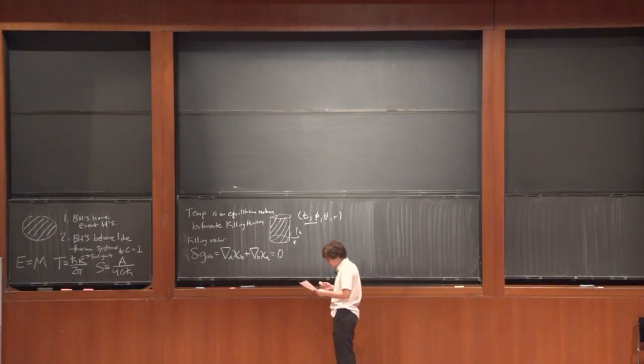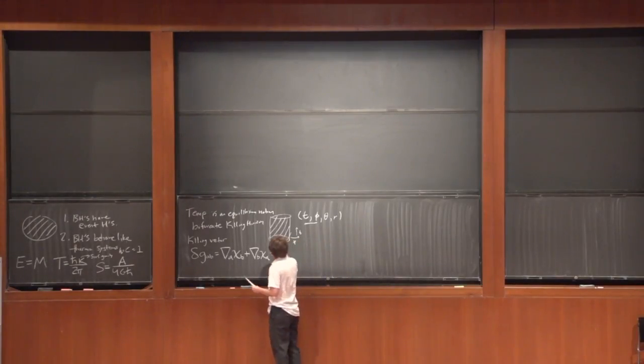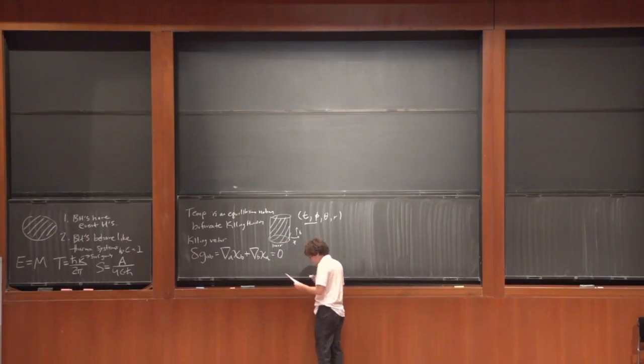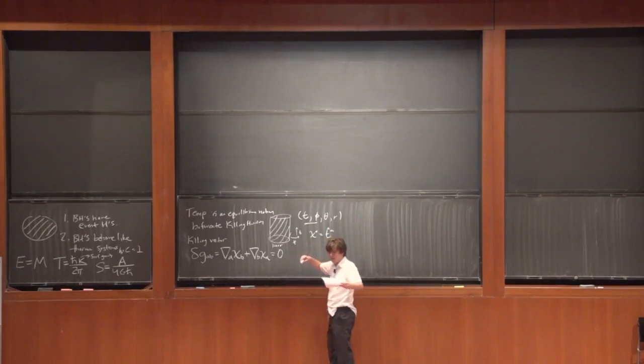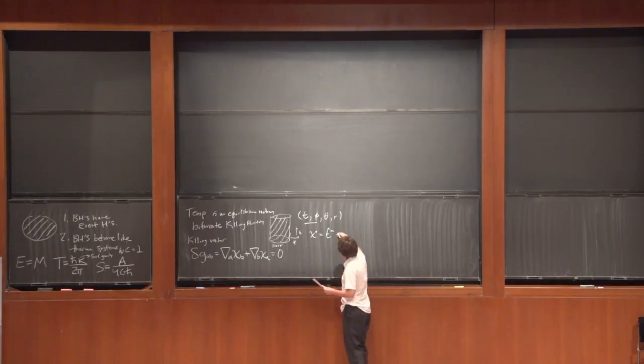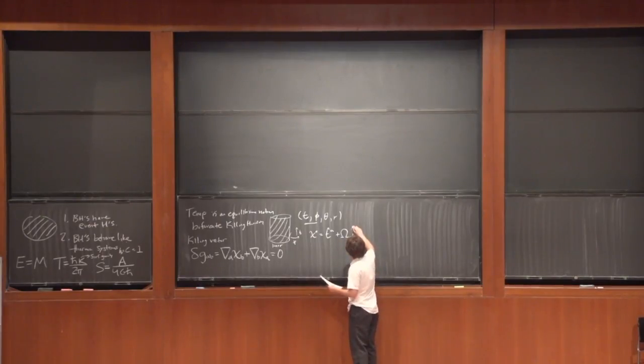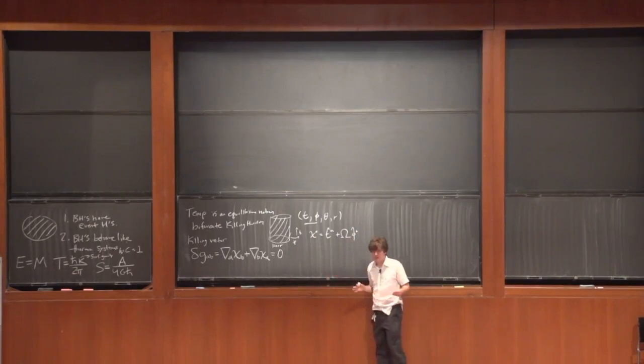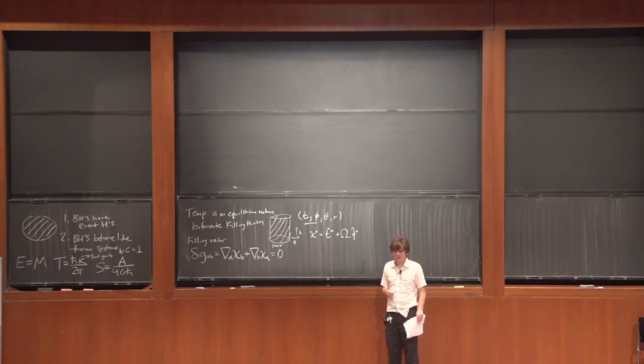And there's one particular one that is special, which is the one where we take chi^a equal to a unit time translation defined at infinity plus the angular velocity times the unit coordinate of the rotation.